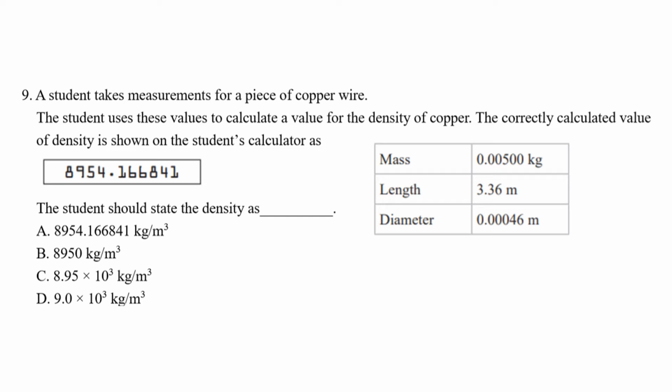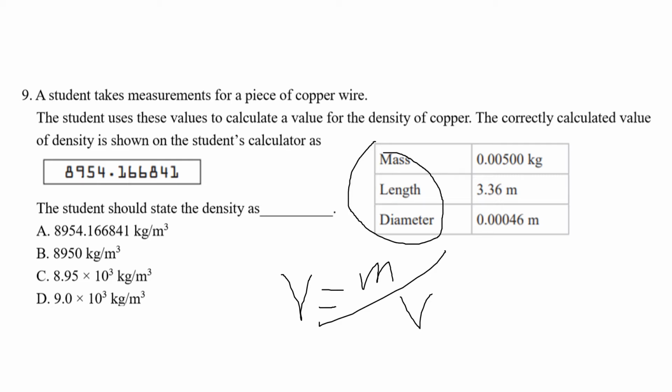We have three parameters for us to calculate the density. Density equals mass over volume. So actually you use all three parameters, and among these three the diameter has the smallest number of significant figures. There are only two significant figures, right?